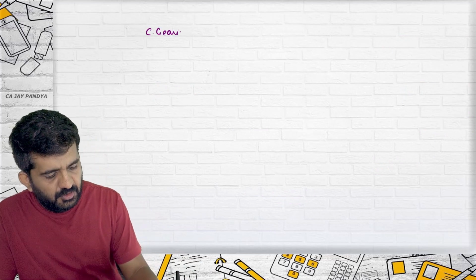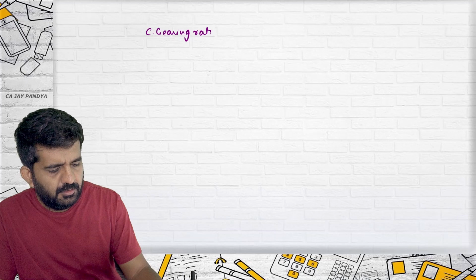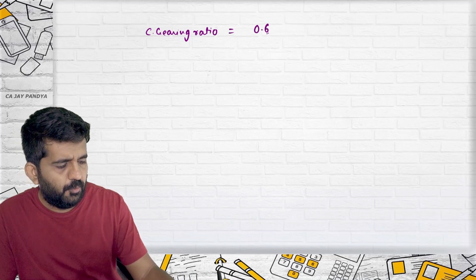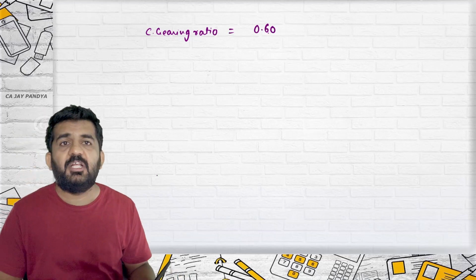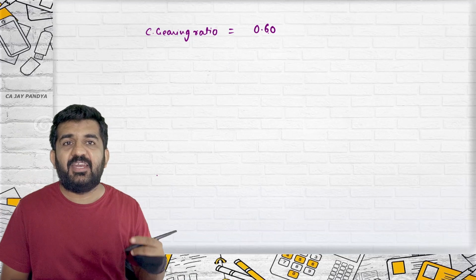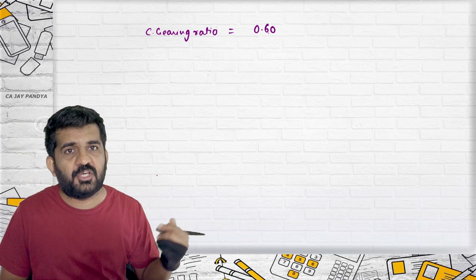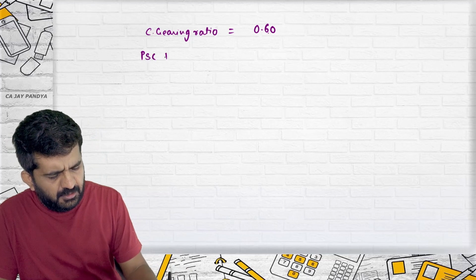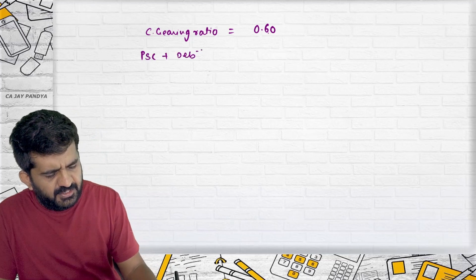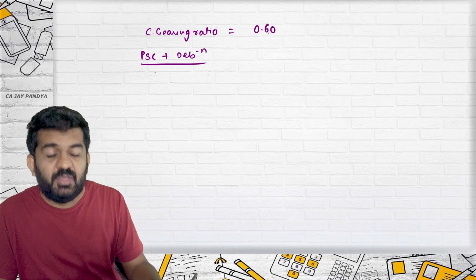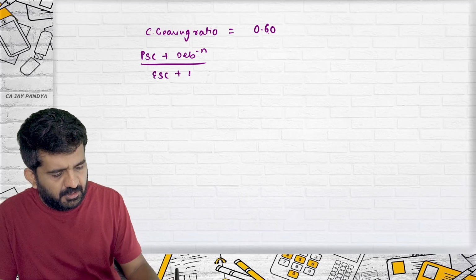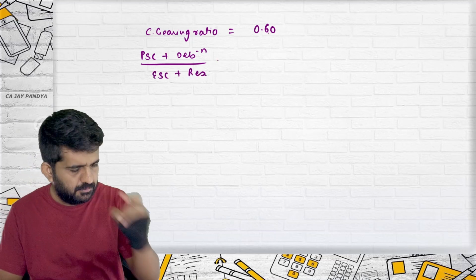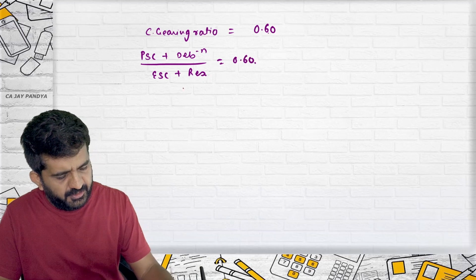Capital gearing ratio is 0.6. What is capital gearing ratio? Capital bearing fixed interest rate, that is preference dividend, preference share capital plus debentures, upon equity, that is equity share capital plus reserves, is nothing but 0.60.